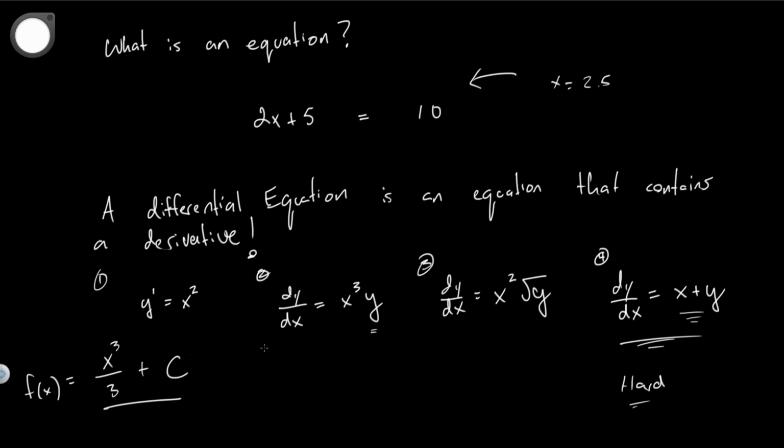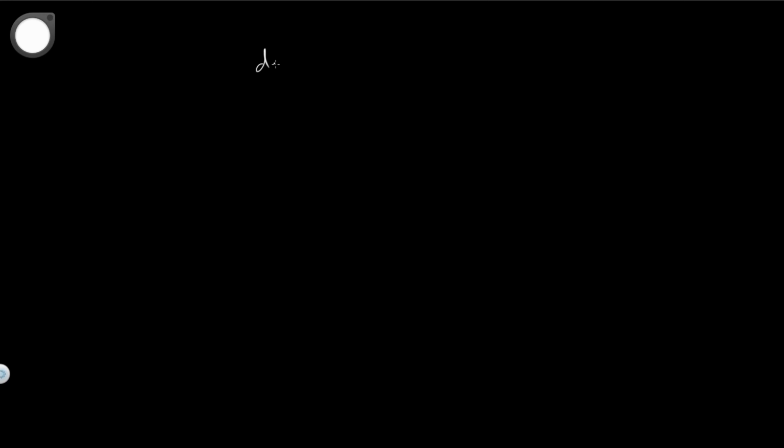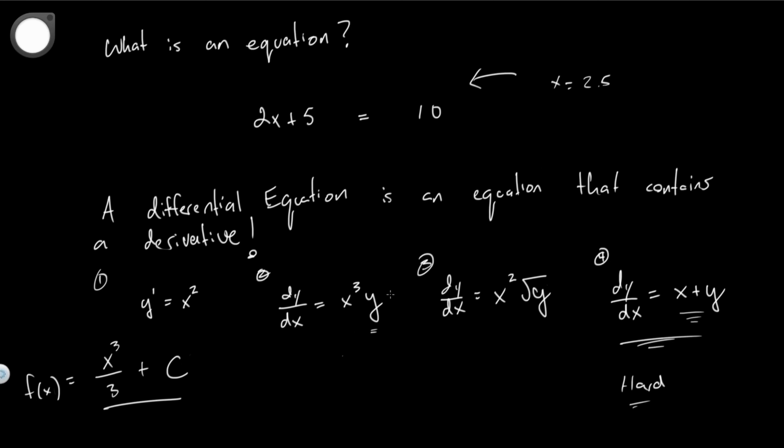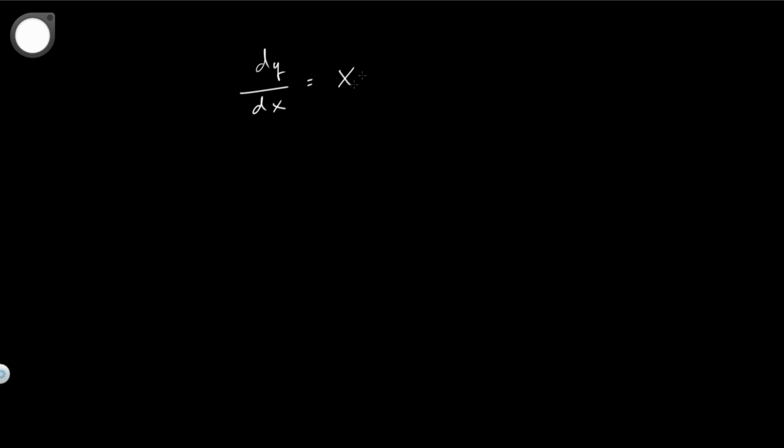So let's go ahead and look at number 2 on the next page. dy over dx is equal to, let me just go back and grab it, x cubed y. Cool. So how do we solve this thing?